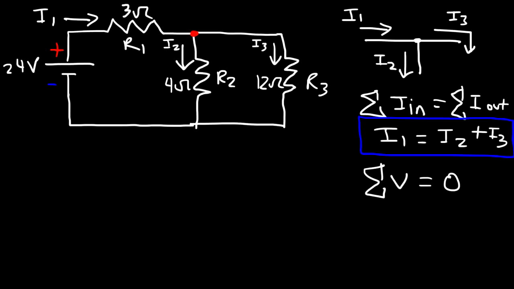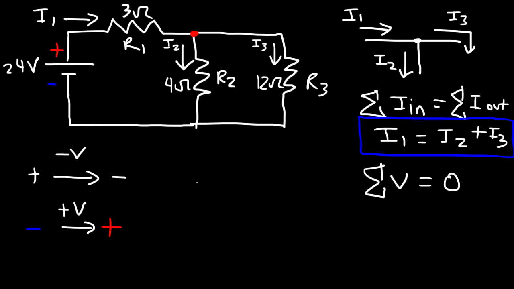Anytime you travel from a high potential to a low potential, there's going to be a voltage drop. And it makes sense because you're going from high to low. If you're going from a low potential to a high potential, then the voltage is increasing, so there should be a voltage lift.